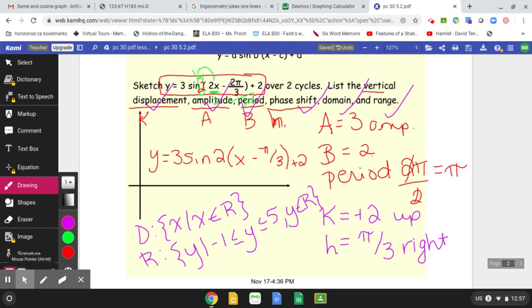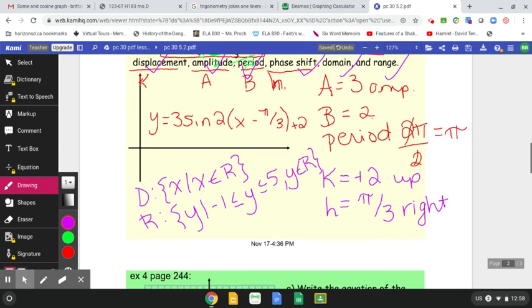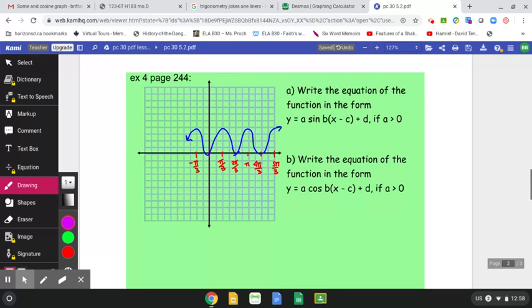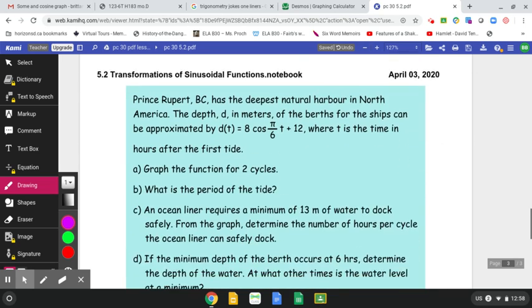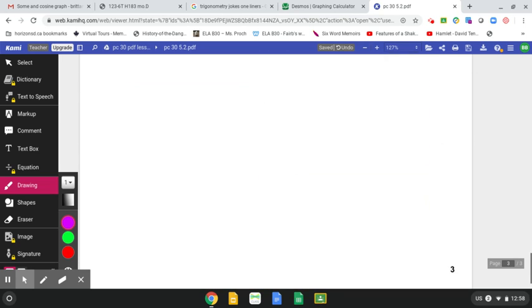So in this section, really all I want you to take away from it is how you find your H, how you find your K, and just know that you can transform those sine and cosine graphs. I'm not going to get you to do anything like these 2 examples. I'm just going to go straight to a textbook assignment. Hopefully that goes okay.